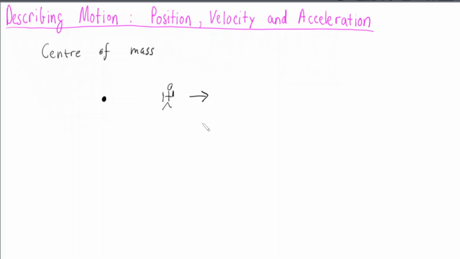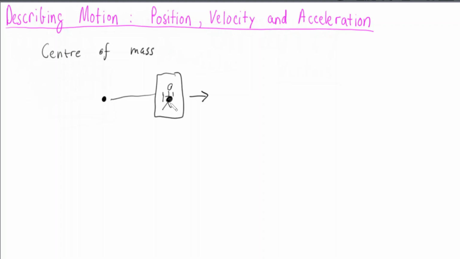We know that just from observing that the sprinter's arms would move much quicker, or have a higher speed, than the actual body itself. So to make matters a little less complicated, we approximate the entire body as a single point, where the single point is located at the body's center of mass.